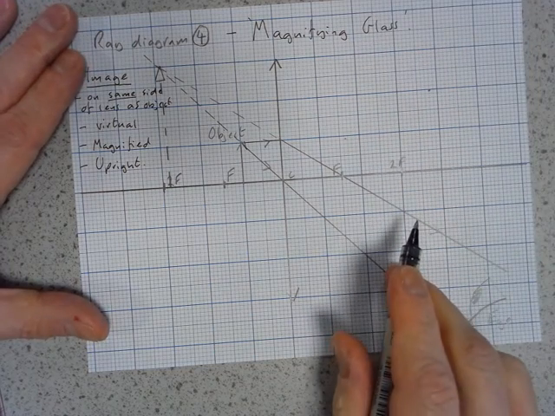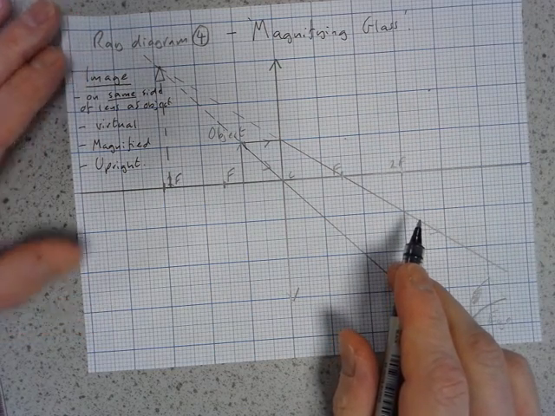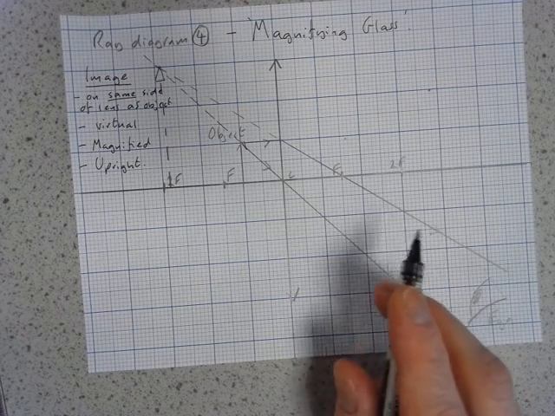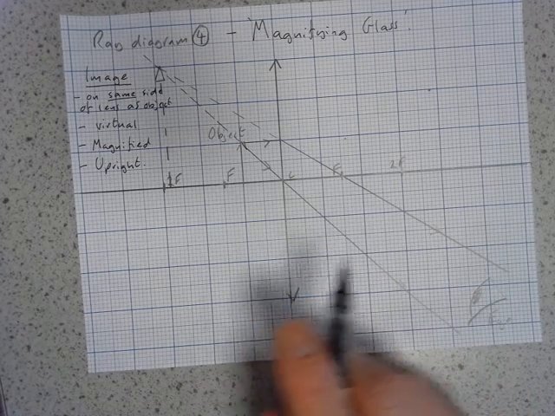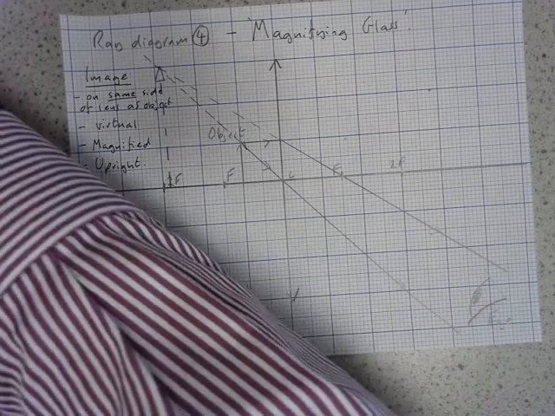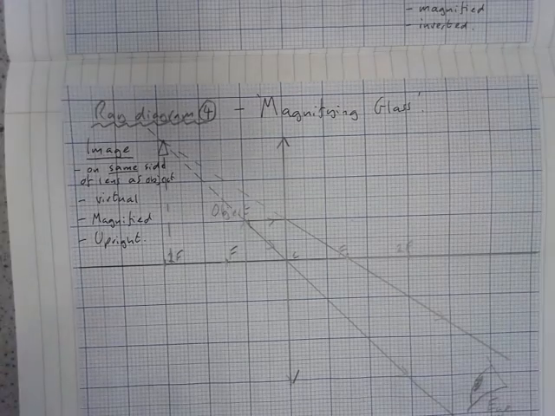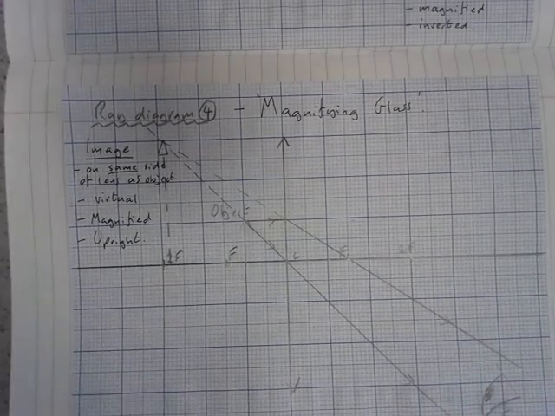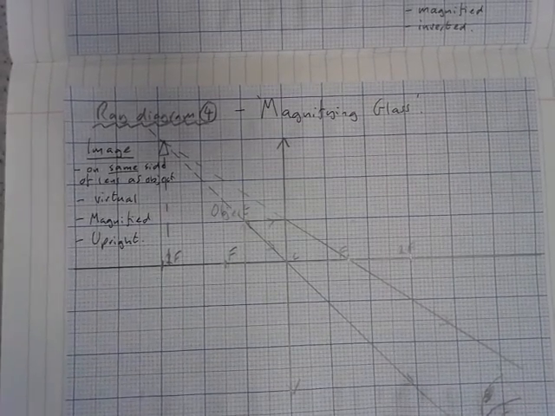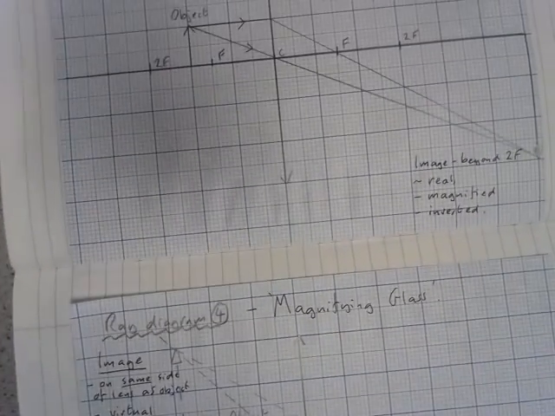Now, we now have 4 diagrams, or do we? I think we might have 5. Let's just have a look. Okay, so this is the final diagram, diagram 4. So I've now stuck the diagrams into the orange notebook, the lab notebook.